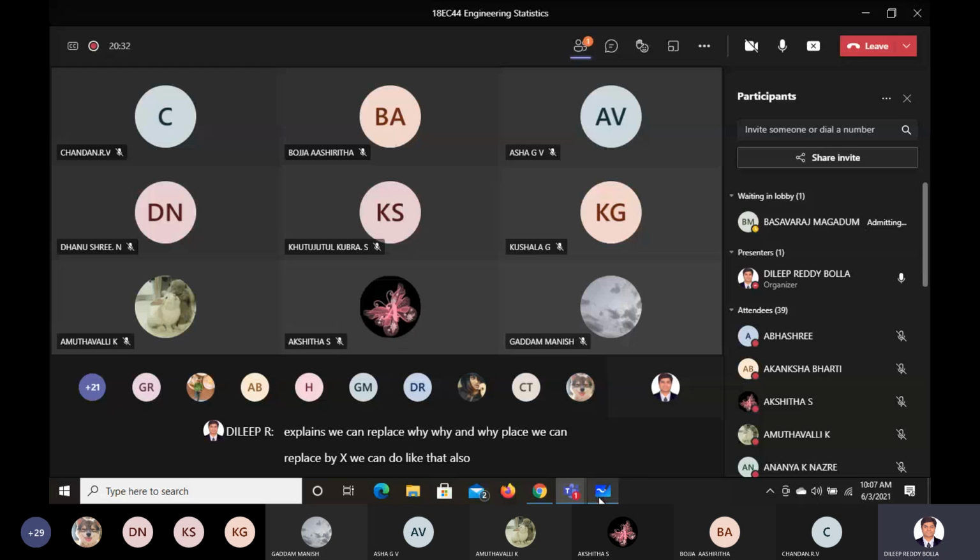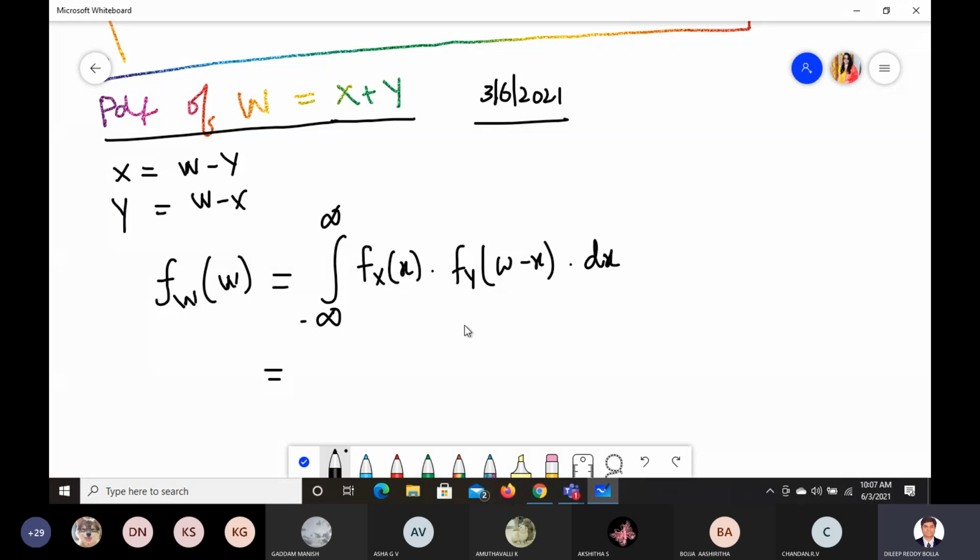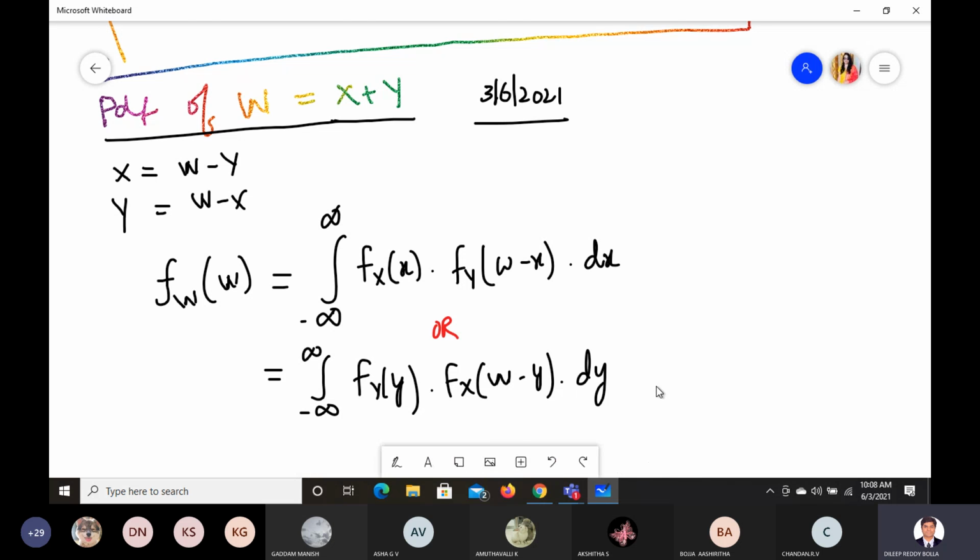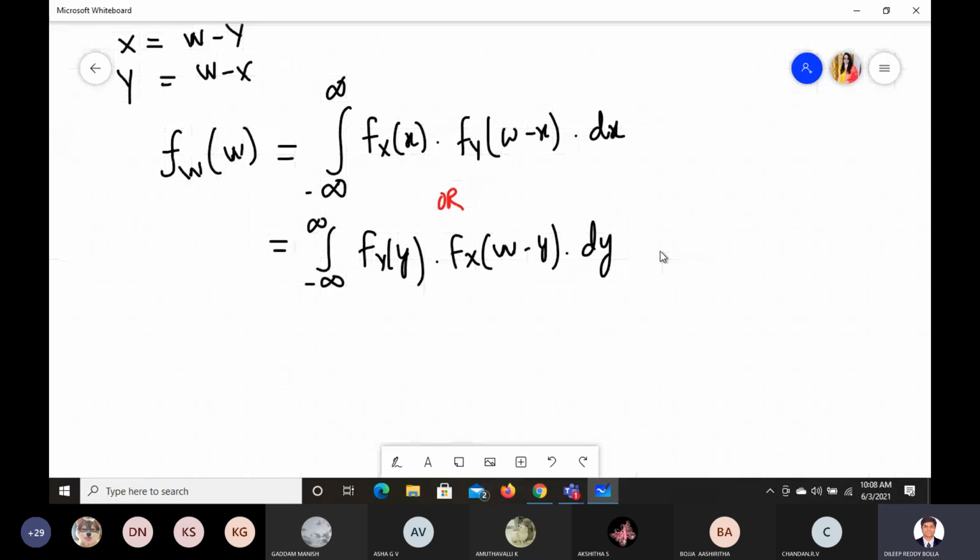If you do like that, this expression can also be written as the integral from minus infinity to plus infinity, where this remains the same, replacing x by y: fY of y into fX of w minus y, with dy instead of dx. This way we can find the PDF of the sum of two random variables.